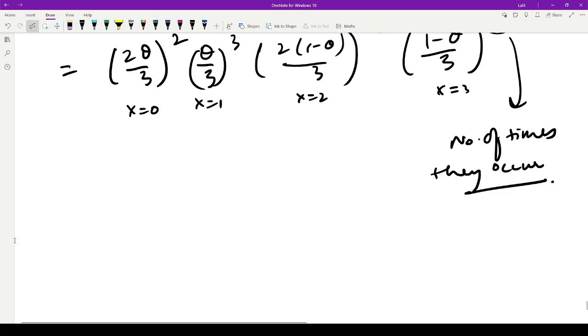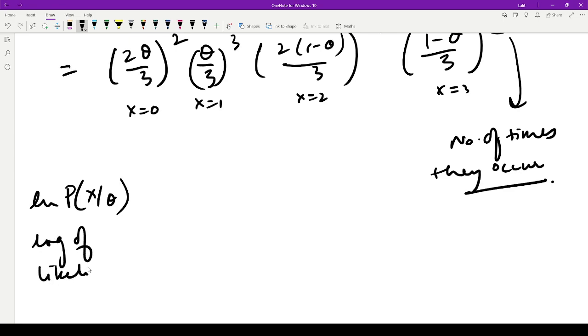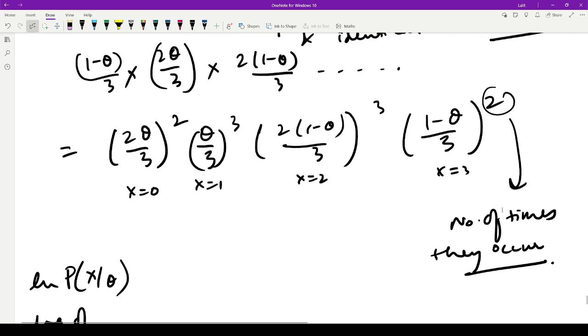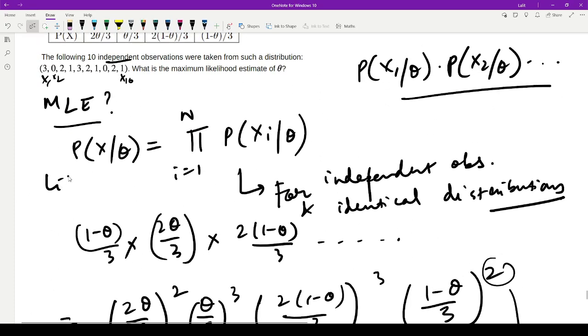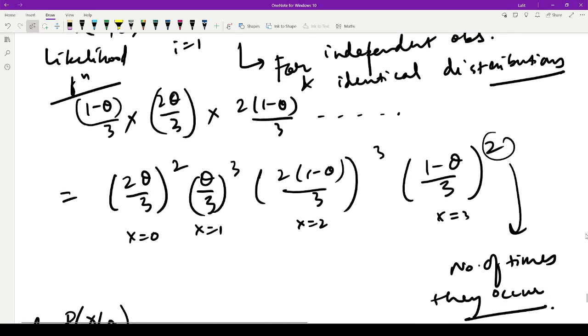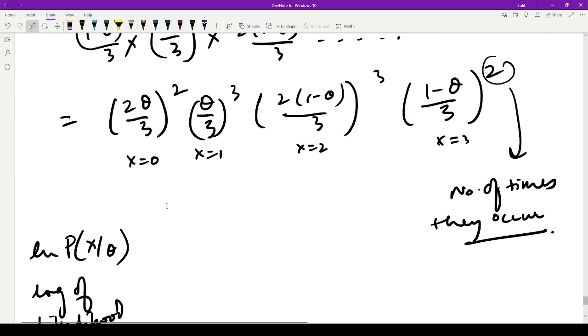How to solve for it? We take the log of the likelihood. This is the likelihood function. Once you have this likelihood function, you take the log of it, which simplifies many things to a good extent.